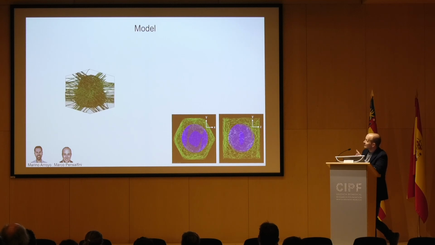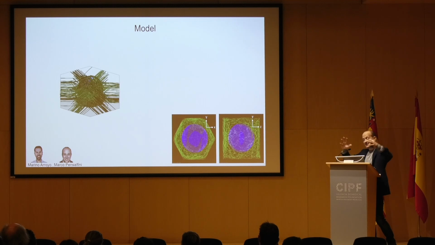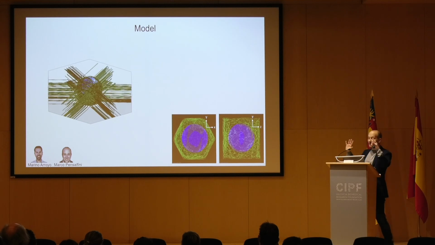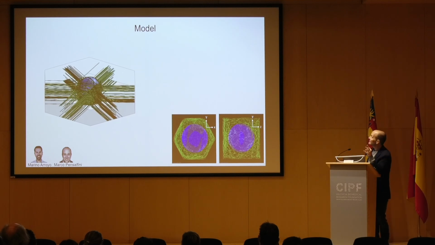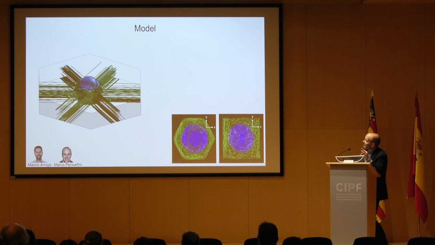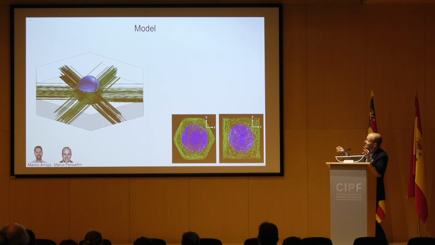But basically what they found is that when you stretch this keratin network, it's actually compressing the nucleus, and eventually, if you pull hard enough and long enough, the dynamics of the system are such that the nucleus will escape this keratin cage, and eventually you will have this cluster of filaments underneath the nucleus. So the nucleus escapes its protective cage, right?